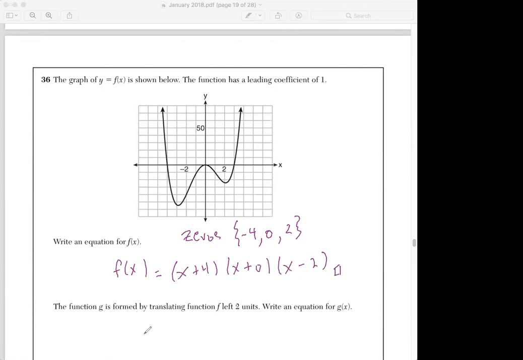The function g is formed by translating f left 2 units. Write an equation for g of x. So g of x means that we're going to shift this whole function left by 2 units. Well, how do we shift something left? We add 2 on the inside. So this becomes x plus 4 plus 2, x plus 0 plus 2, x minus 2 plus 2.